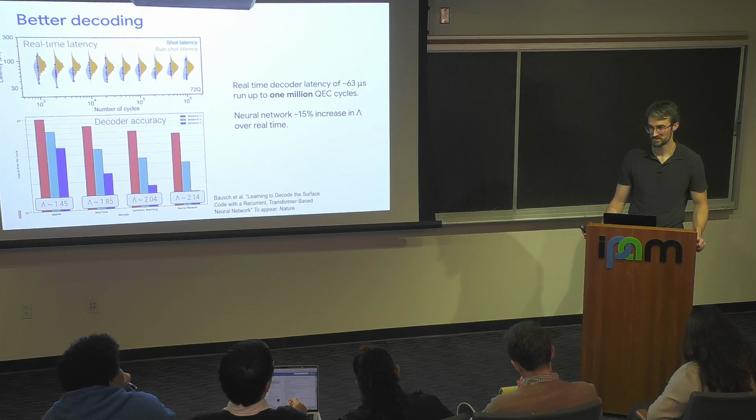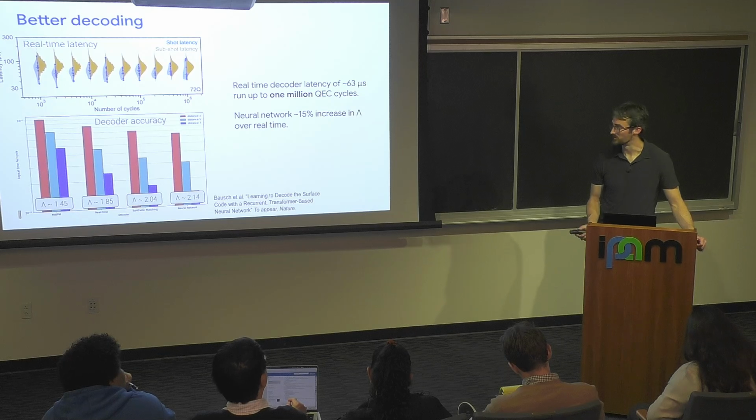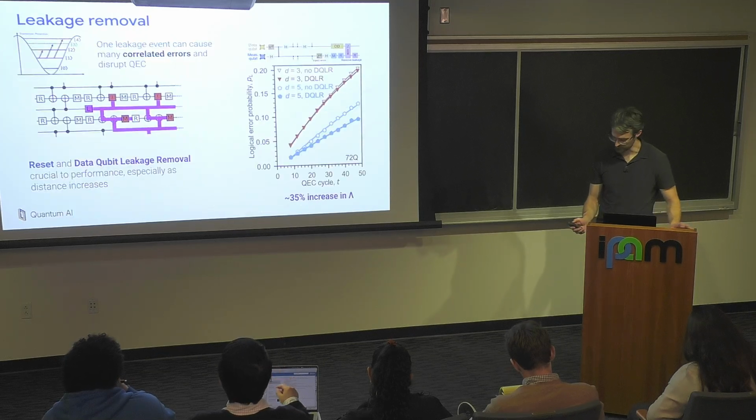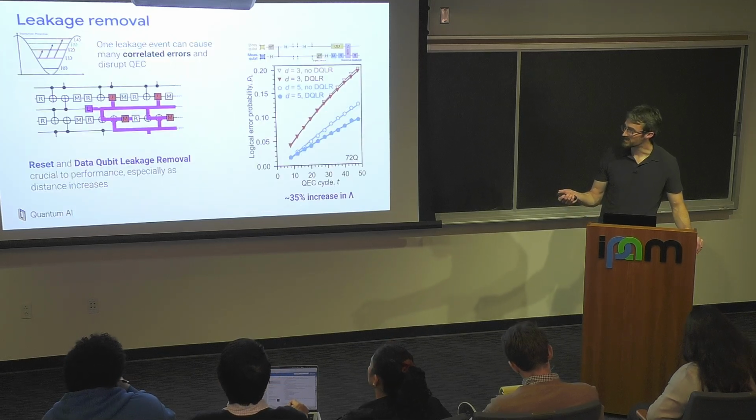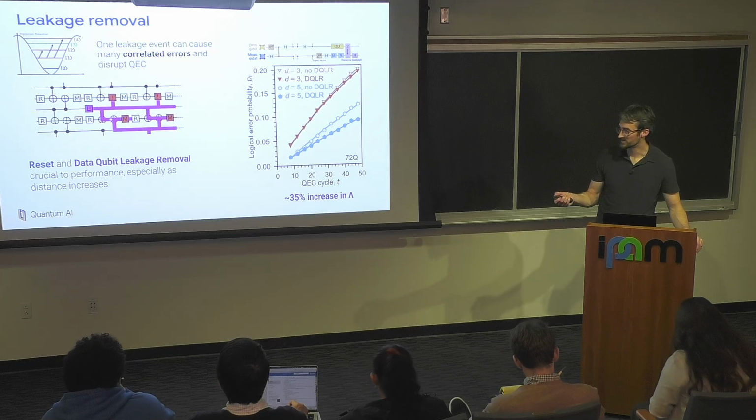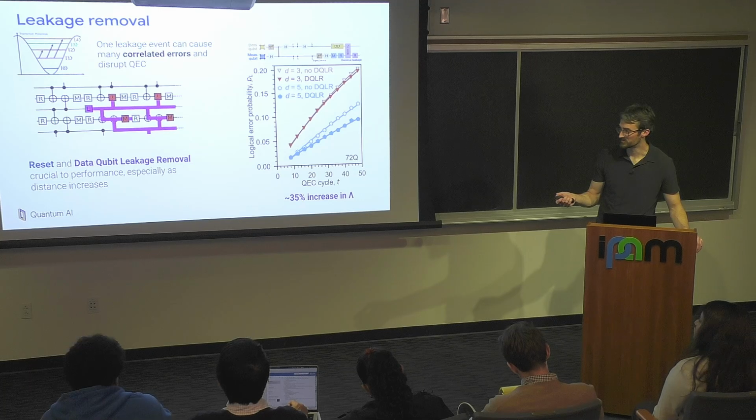Okay. But why is it correlated? Why is leakage correlated? Oh, I think maybe I understand your question. It causes correlated errors because a way of thinking about it is every time it interacts with one of these 2-qubit gates, instead of doing the correct 2-qubit gate, it will apply some arbitrary phase rotation here.